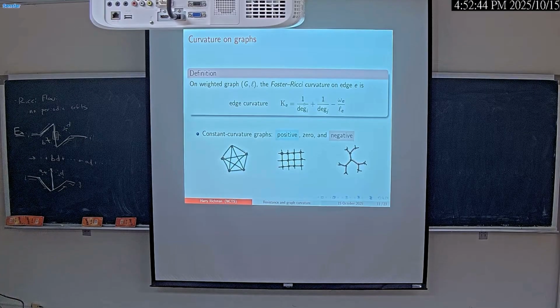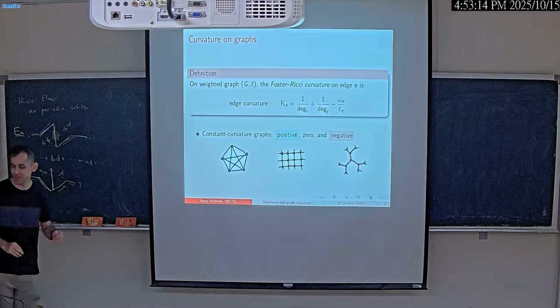On a given edge, say the edge between vertices vi and vj, we have two terms that correspond to the degree of the two endpoints of E. And then we have a term that uses this effective resistance, omega, the effective resistance across the edge. And then we also divide by the resistance on that individual edge itself.